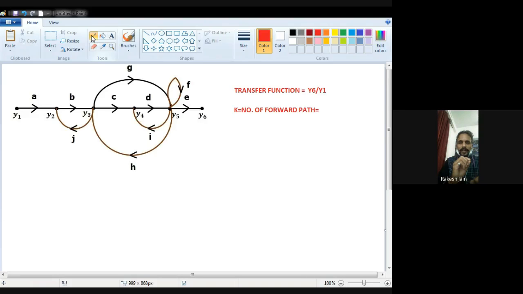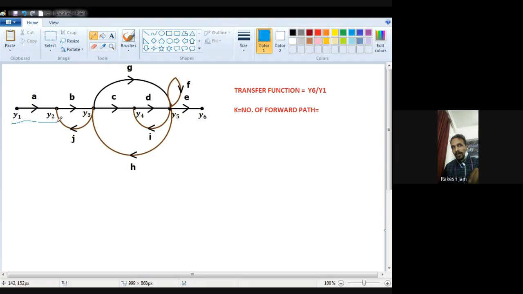As I told in previous examples, when you start from the input side and reach the destination, how many straight forward paths are there? It means how many paths without repetition of the same node.